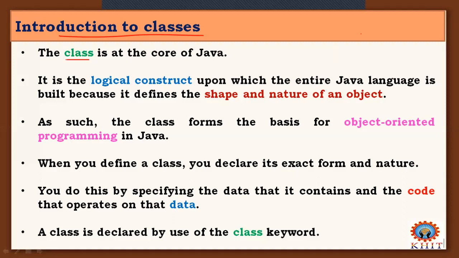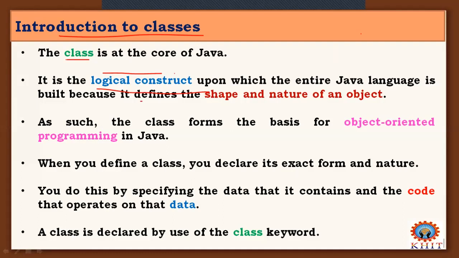Every program in Java we design based on class definition. It is the logical construct upon which the entire Java language is built. Class is the construct which is used to design any program using the Java language.